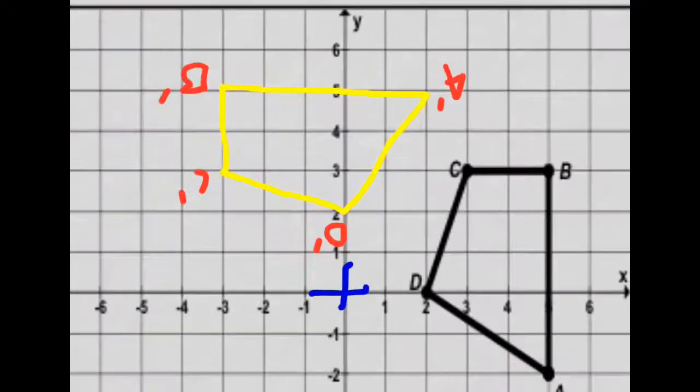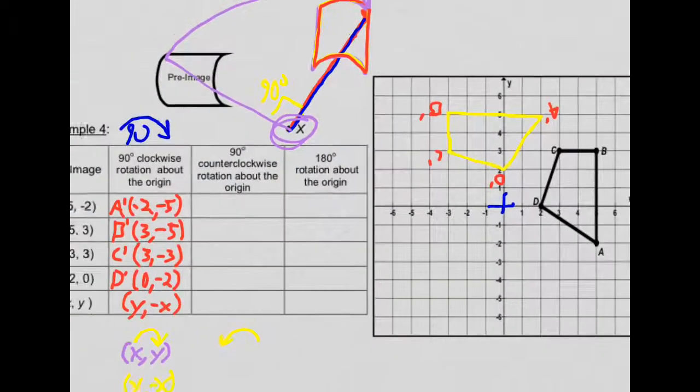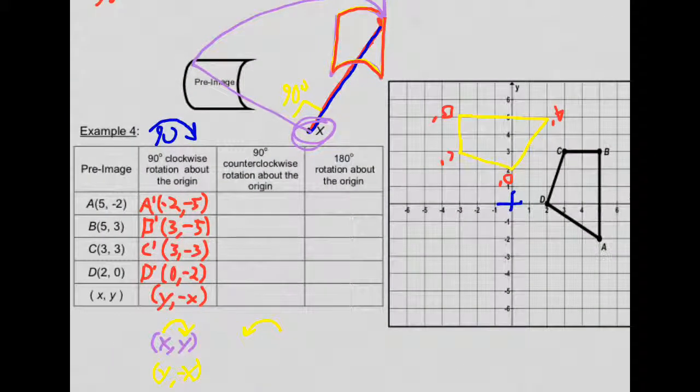Now you'll see that my A prime is at 1, 2, 1, 2, 3, 4, 5, so 2, 5. And B prime is at negative 3, 5.